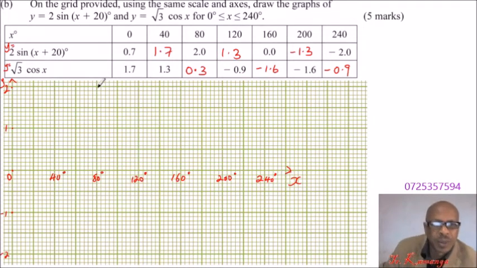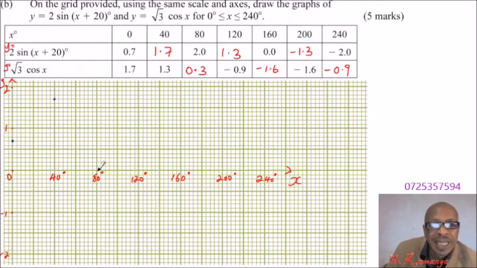Now we start with the first one. When x is 0, y is 1.7. That is the point. You can use a dot or an x, whichever you find convenient. I'm going to use dots. When x is 40, y is 1.7.